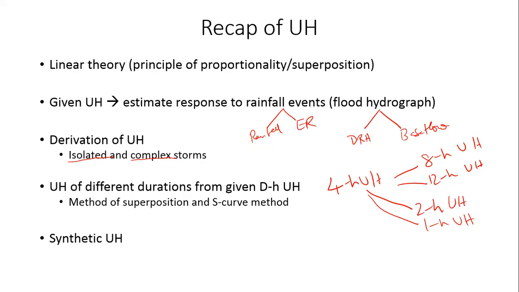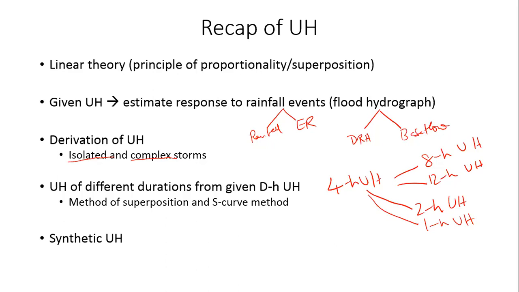Okay, yeah. So the idea of a synthetic unit hydrograph is that if I don't have detailed information, and to derive a unit hydrograph you require detailed information, then I may be able to come up with some empirical relationship between the watershed characteristics and the response of the watershed to a given rainfall event.